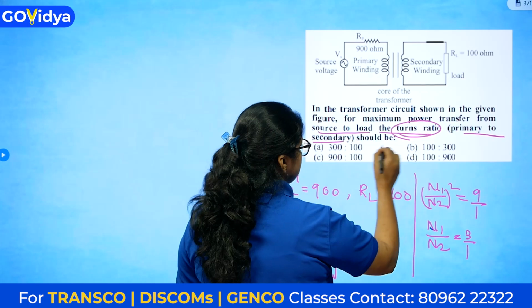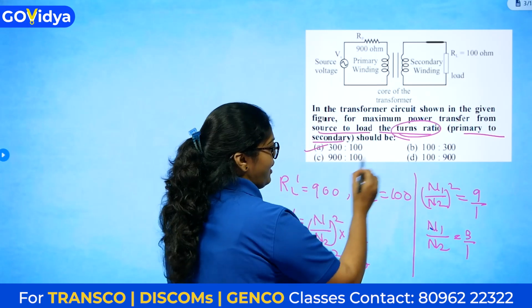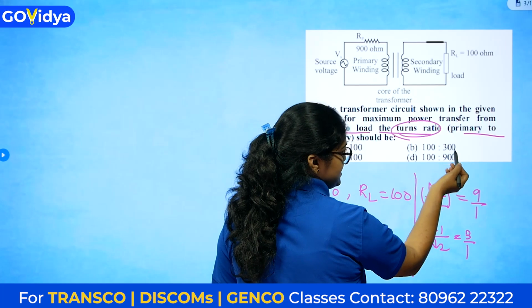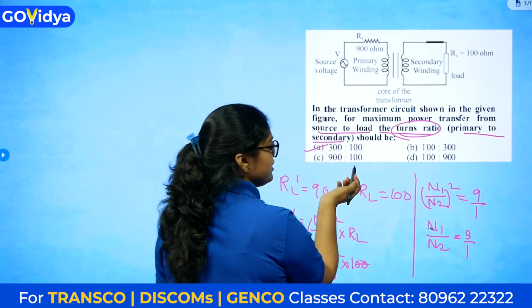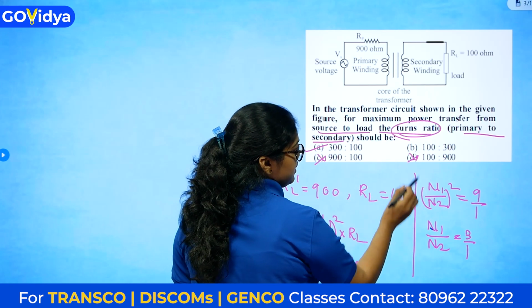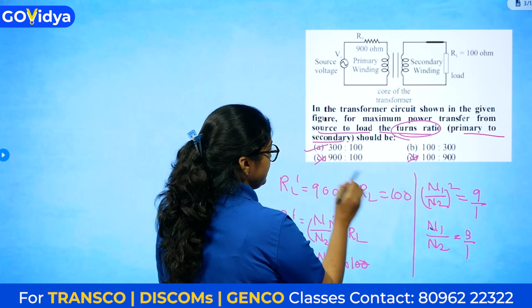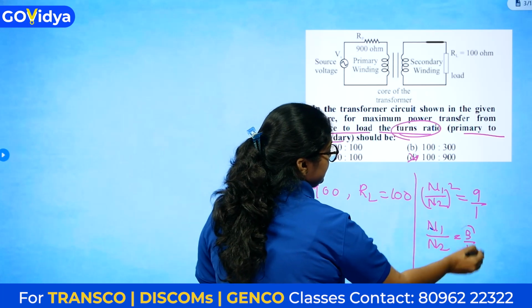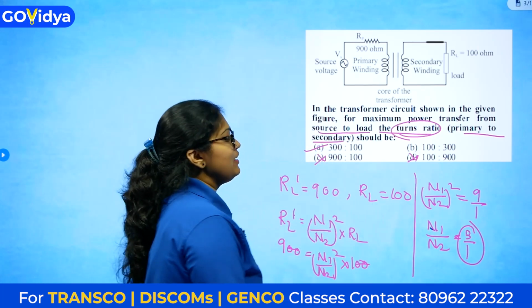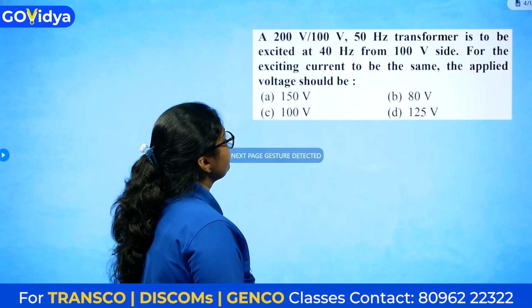So 3 by 1, so the option matches with 300 is to 100. 100 by 300 is N2 by N1, and 900 by 100 is also a wrong answer. So primary with respect to secondary, N1 by N2 will be 3 by 1, so the answer will be 300 is to 100. Clear? Next, move to the next question.